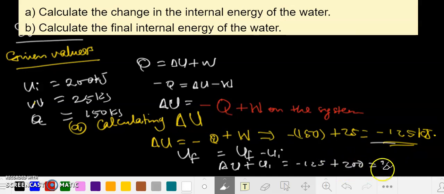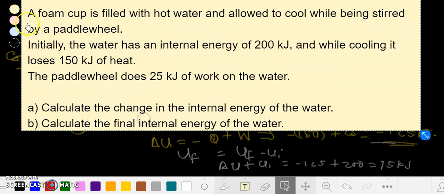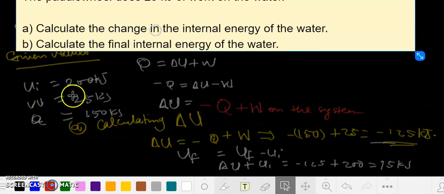This will simply give us 75 kilojoules. 200, as you might notice, is given in the question. The water has an internal energy of 200 kilojoules and while cooling. So 200 in this case is the initial internal energy.